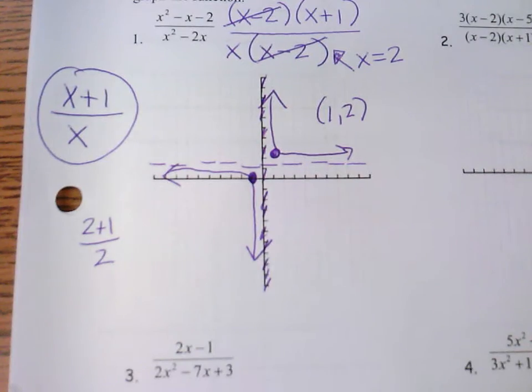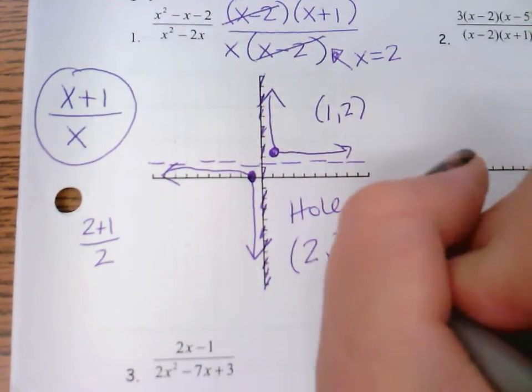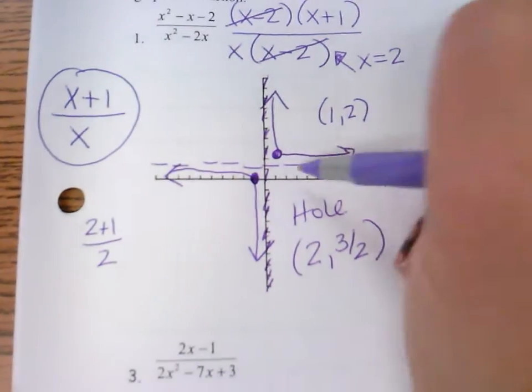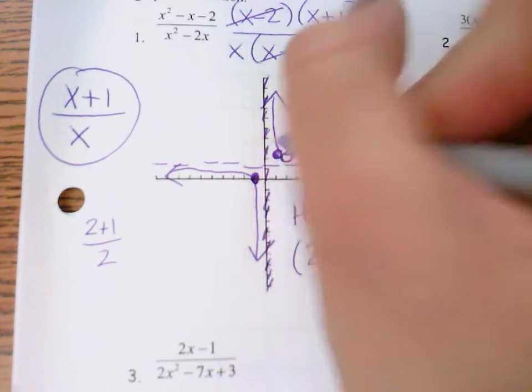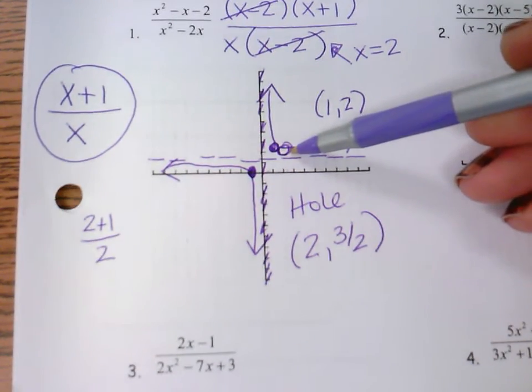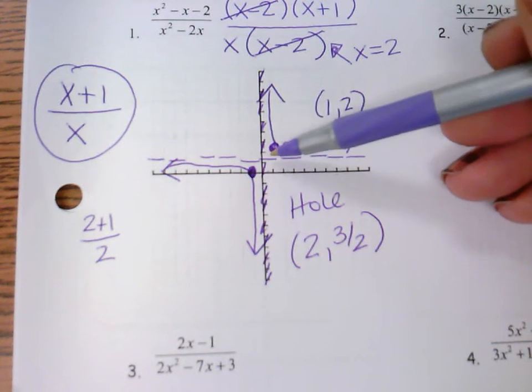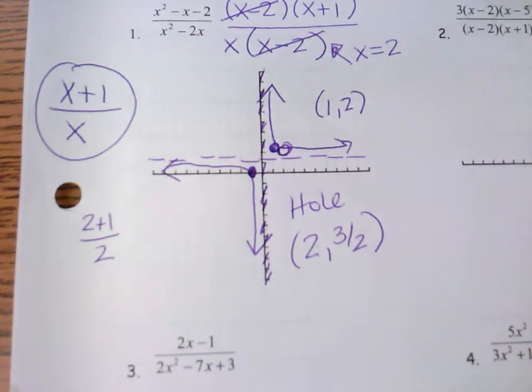So my hole is going to be at 2, 3 halves, so at 2, 1.5. I just need to indicate on my graph with an open circle that there would be a hole there. So 1, 2 was just a random point that I graphed, but 2, 3 halves is a hole.